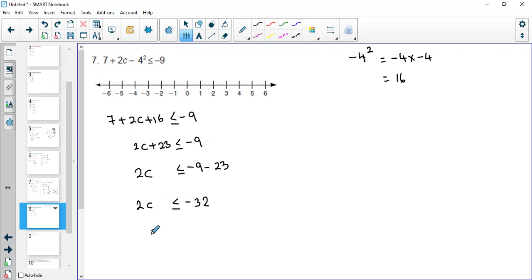Now the last step is c is less than or equal to -32. I hope I'm not making any mistake anywhere. Let me quickly check this. I feel I'm forgetting something.